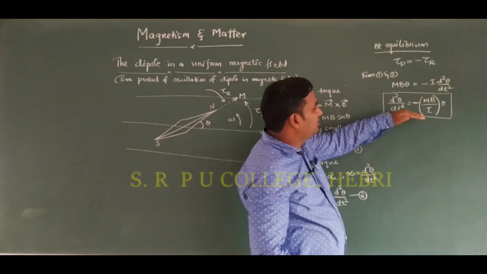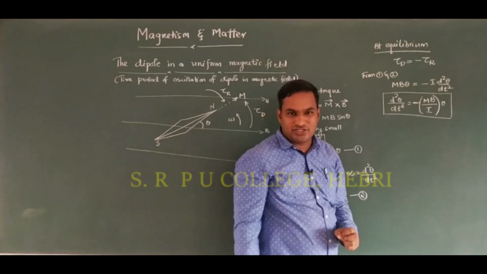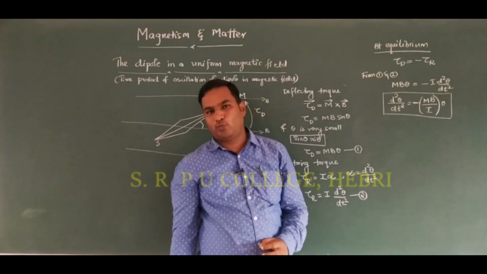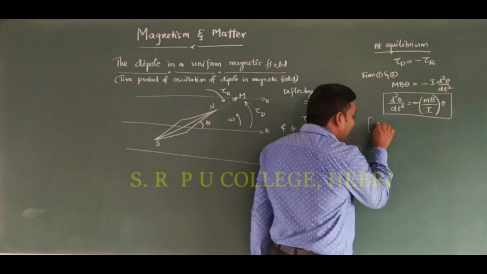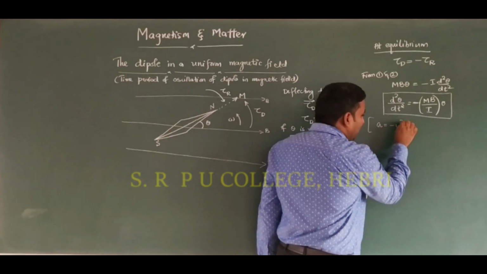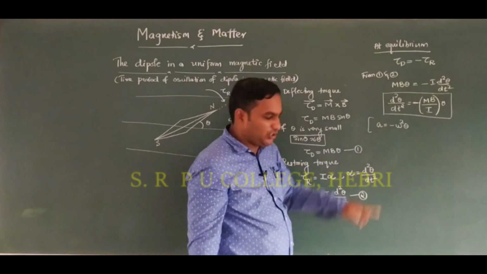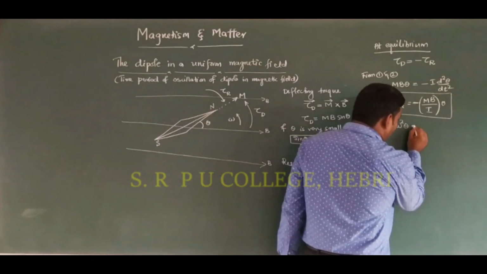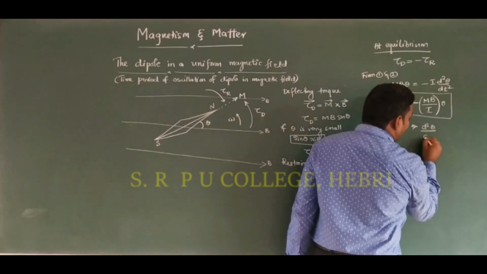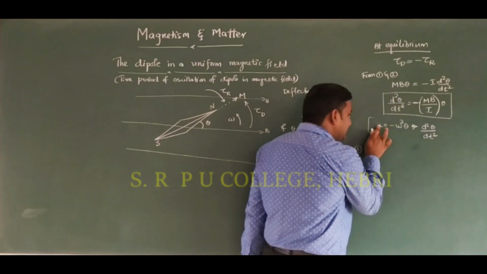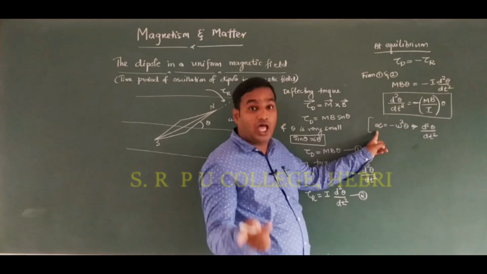Dear student, this equation is of the form that represents the equation of simple harmonic motion. You already heard about SHM. In SHM, you learn the formula acceleration is equal to minus omega square into theta. This acceleration we write as d square theta divided by dt square, denoted alpha if it is angular.